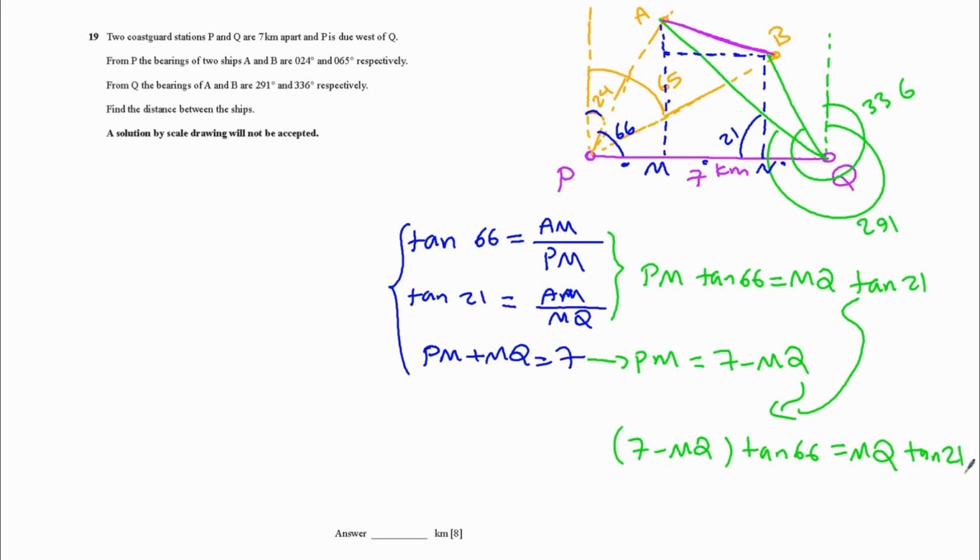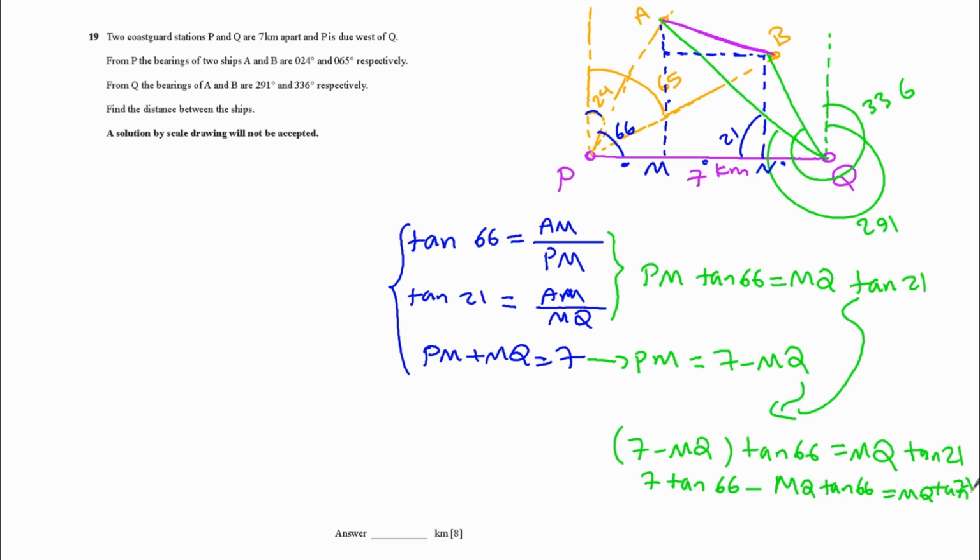Okay, so if I now try to simplify this and solve the value for MQ, I will have 7 tan of 66 minus MQ tan of 66 equals MQ tan of 21. So I can take that minus MQ tan 66 to the other side and factorize MQ and then divide by that value.